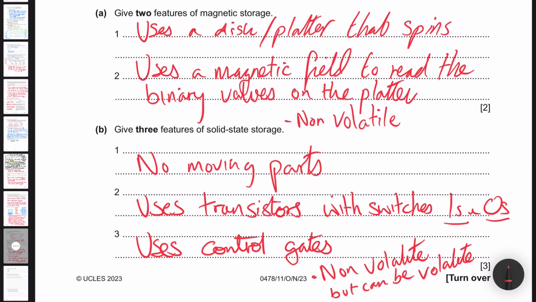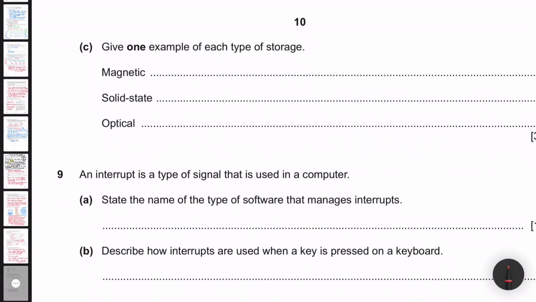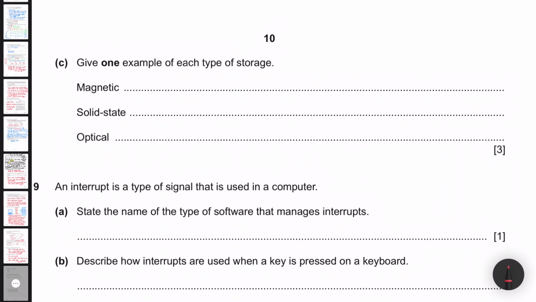That's question 8. And 8C, just to finish off this question, give 1 example of each type of storage. Magnetic would be a hard disk drive. Solid state would be an SSD. Optical would be a CD. I can add some more.